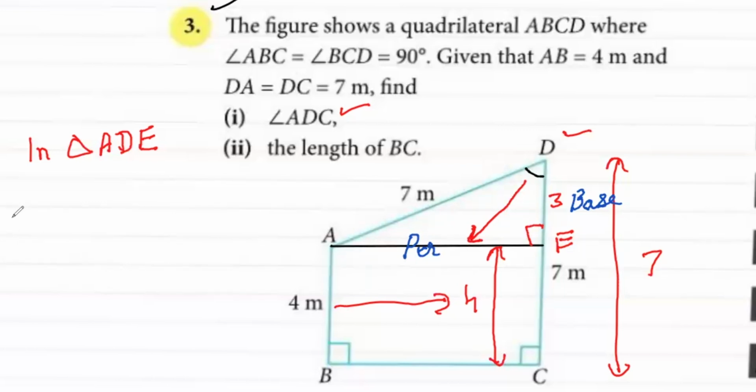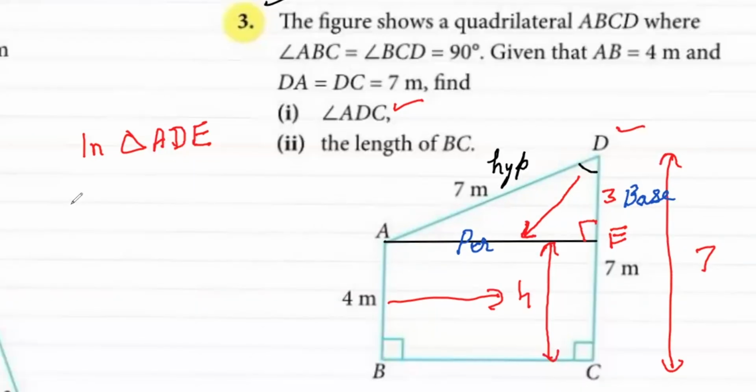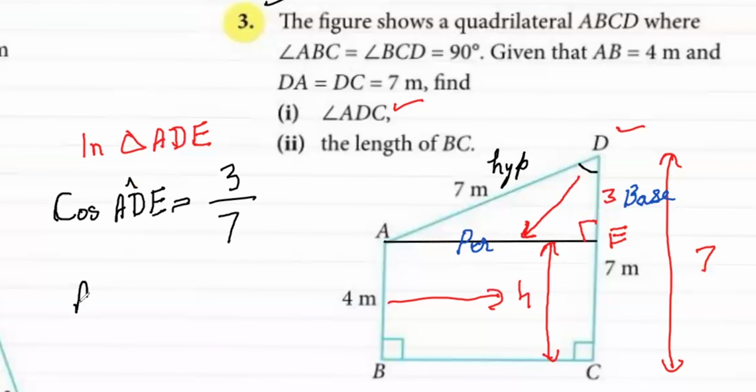So base over hypotenuse can be used to calculate the angle ADE, because you can see that 7 centimeter is the hypotenuse. ADE is required to be found, so I can use cos ADE. Cos ADE is equal to base over hypotenuse. The base is 3 and the hypotenuse is 7. Please be careful. Now we have to find out the angle ADE. What are we going to do?